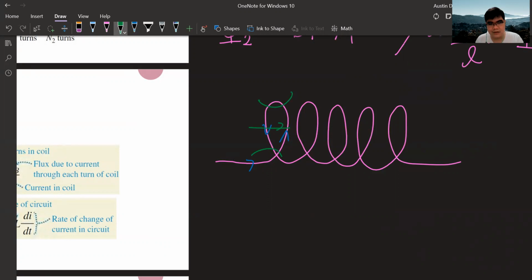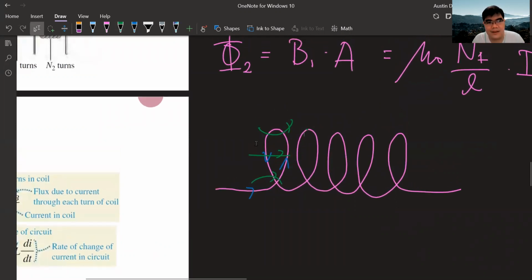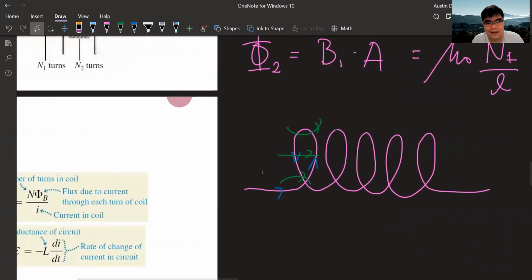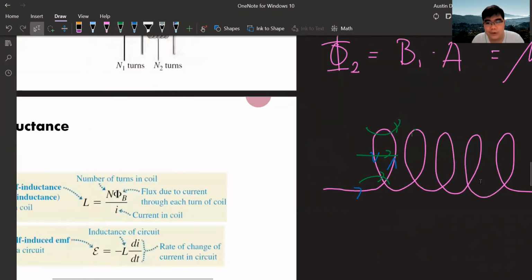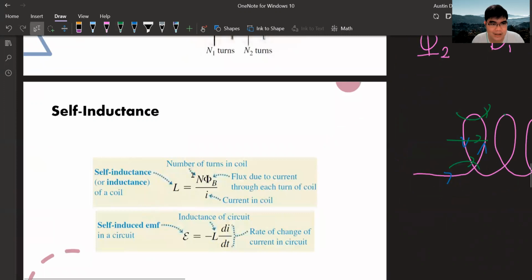And then maapektuhan yung kabilang loop, and so on and so forth. Mapansin mo, it induces itself, di ba? It induces itself, and we're gonna call that, yung tinawag kanina na mutual inductance, ngayon, tatawagin na natin siyang self-inductance or simply inductance of a coil.